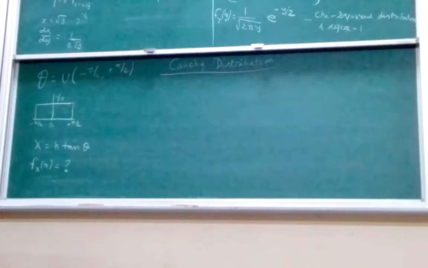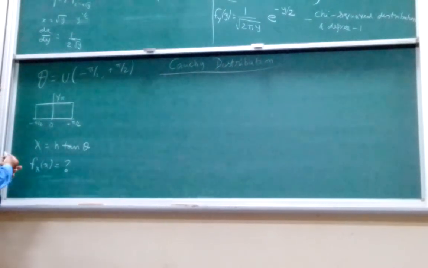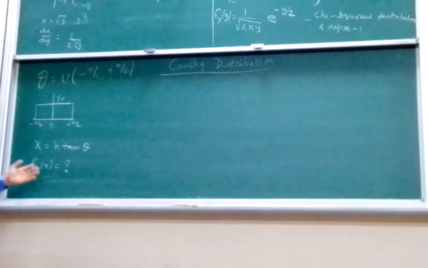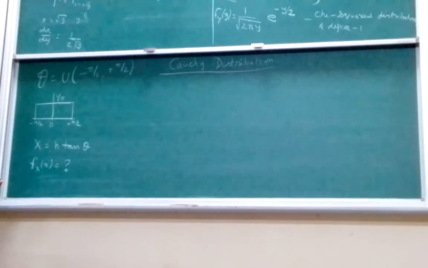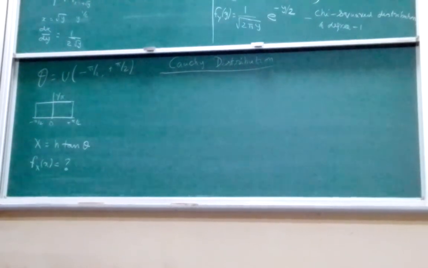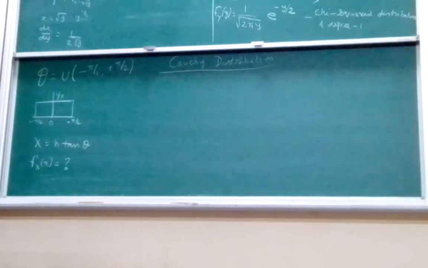So how do we find it? First, we use the inverse method. Given a value of x, we want to find what theta it corresponds to, and then we can plug it into f theta of theta.